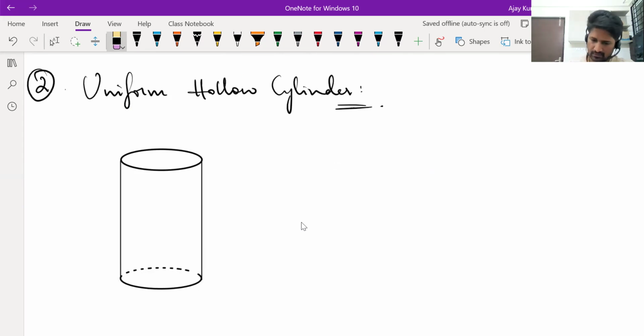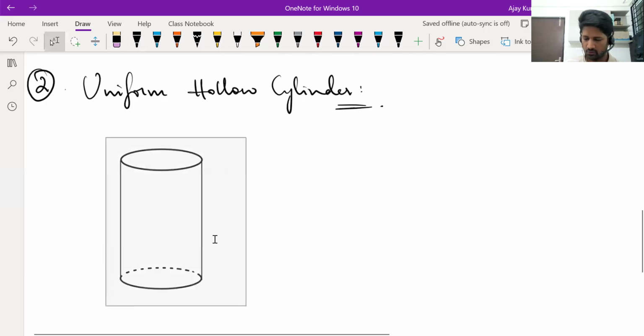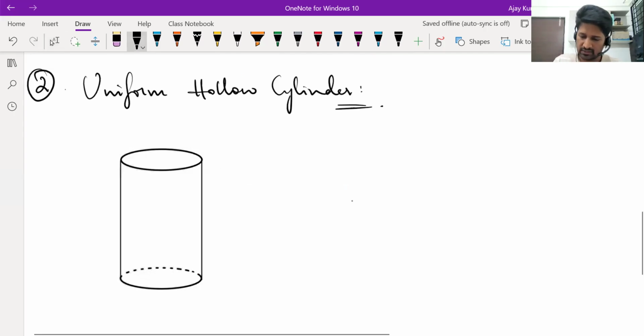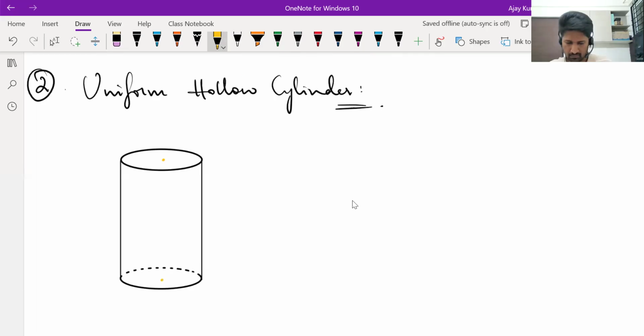Correct. Okay. Now we need to derive its moment of inertia about its own axis. Own axis means it will be parallel to the cylinder passing through the center of the face. So we need its moment of inertia about this axis.